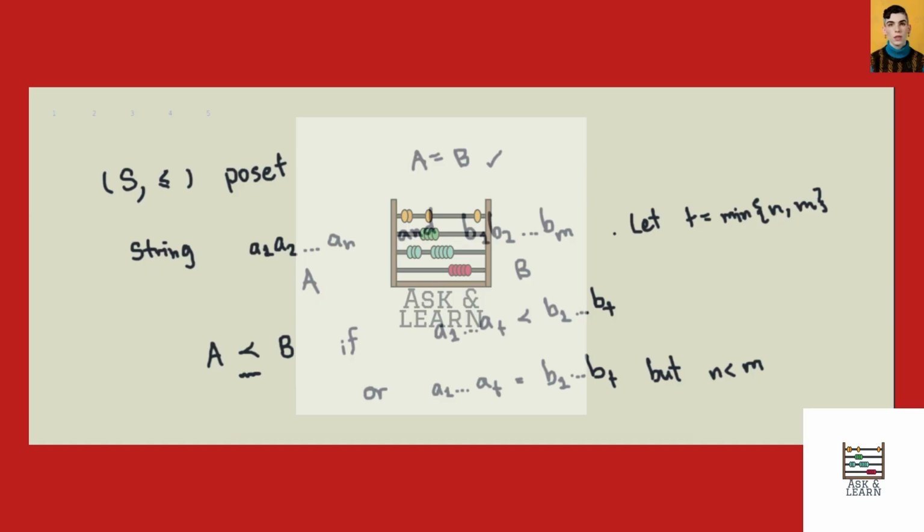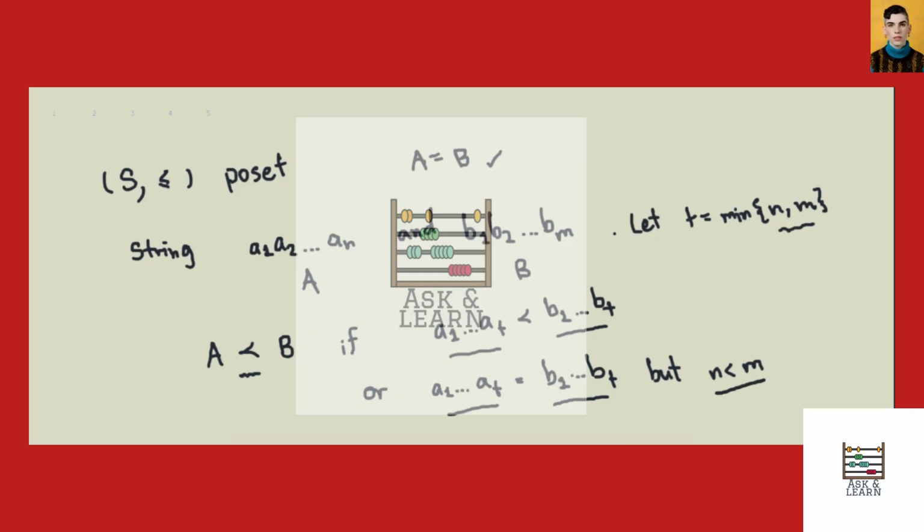In this case, we will look at the minimum of their lengths, and one of two things has to happen for A to be less than B. Either within the minimal length, A is strictly less than B, or they are equal, but the word B itself is longer than A.